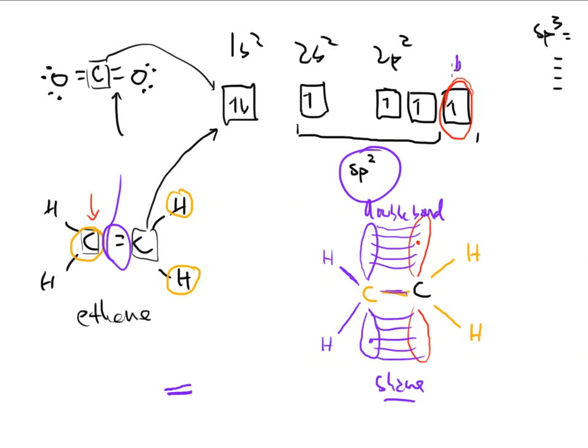Therefore, one of these will not be used, and that extra that's not used will begin to overlap, and it will begin to create a double bond, which is extra glue that holds these 2 carbons together. It holds them a little bit closer, it holds them and nestles them a little bit tighter, but it's also more reactive, because this is an area now that has 4 electrons that are present and not 2.